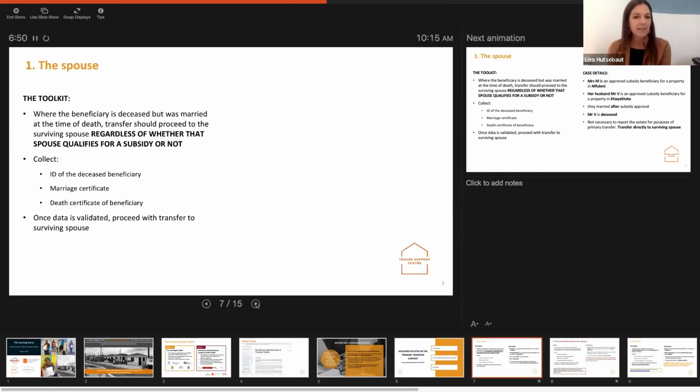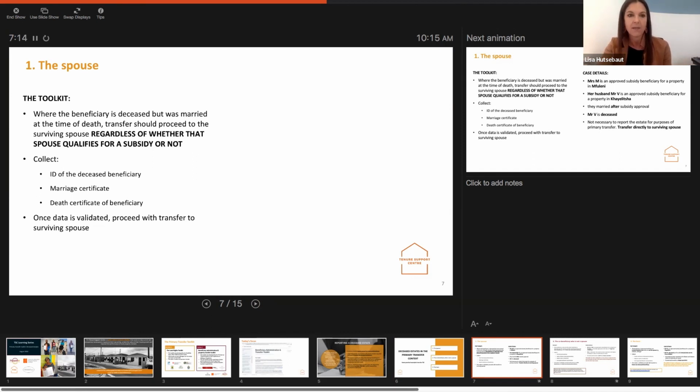These are practical examples from our work in Khayelitsha. It's not to say those are the only scenarios, and we would welcome other scenarios you have come across in your specific areas, so that we can look at whether those could also be dealt with under the toolkit, or whether a slightly different process needs to be formulated.